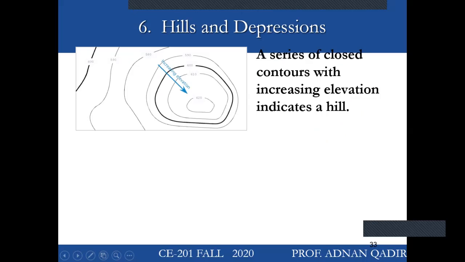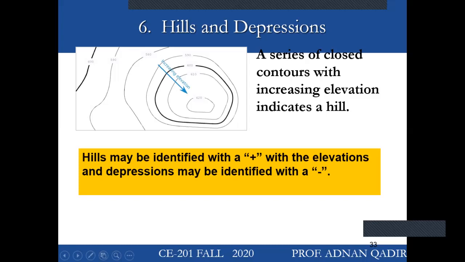If I come from left to right, or just look at my arrow, if I start my arrow from this point and go like this, we call it increasing elevation. This is the contour line representing a hill. Higher level at the inside, lower level outside. This is a hill.